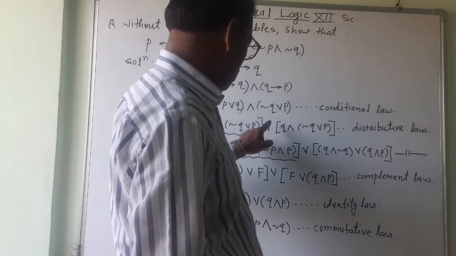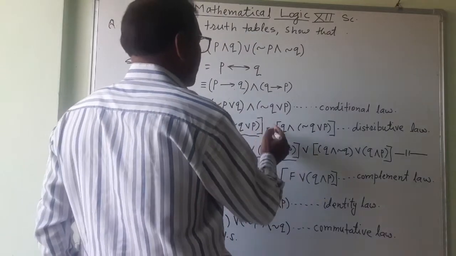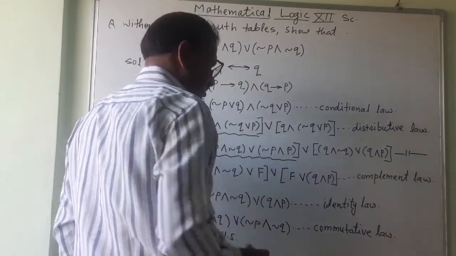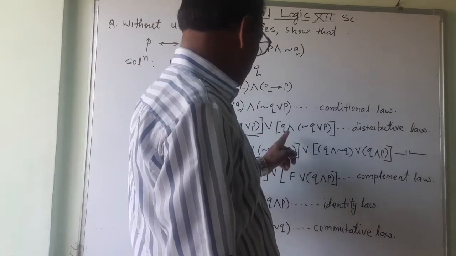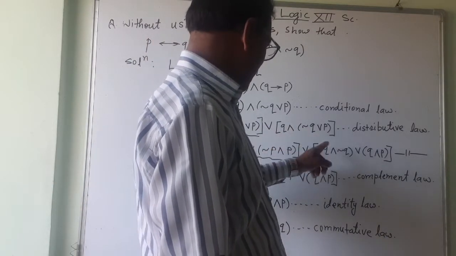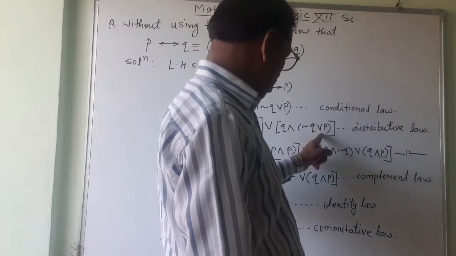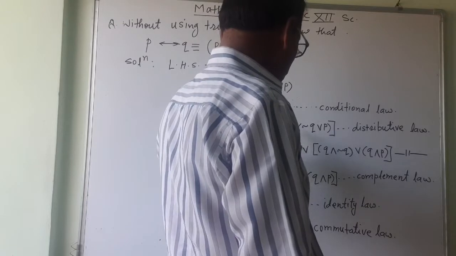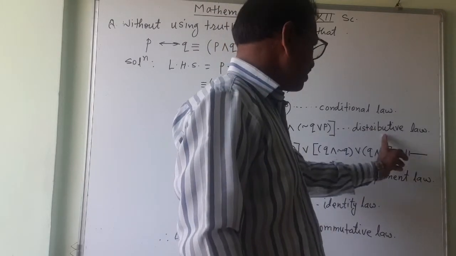Now here, this OR as it is. I am writing it properly so that you can see it clearly in the video. OR as it is, Q and negation Q. Then what is next? OR, Q and P. What is the result? Distribution law.